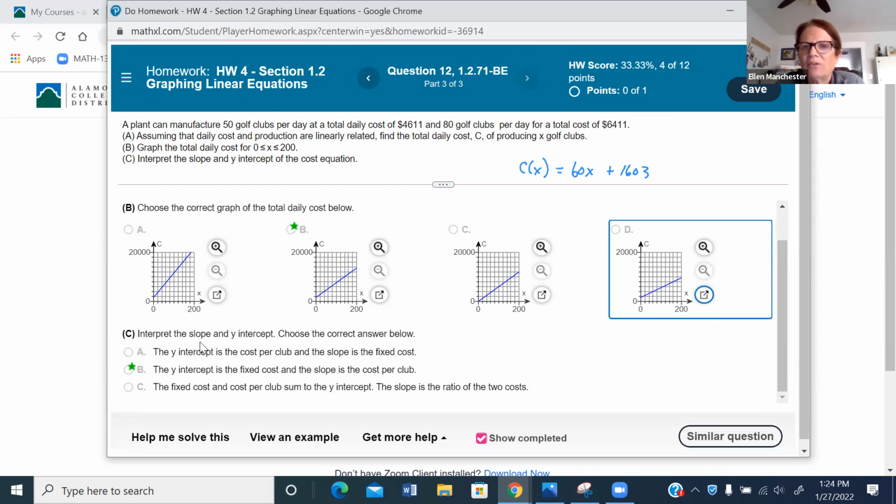In ours, the 1603 is what it costs me no matter what. Before I ever get a golf club manufactured, it's going to cost me 1603. Then every golf club that I make is going to cost me $60. Okay, so I'm going to stop there. I'm trying to keep these short and sweet so that you can just watch them real quick.